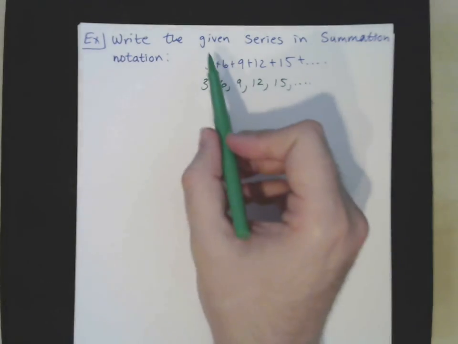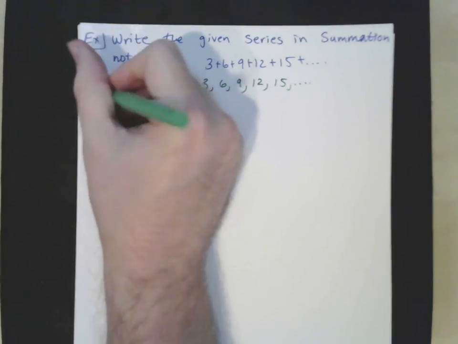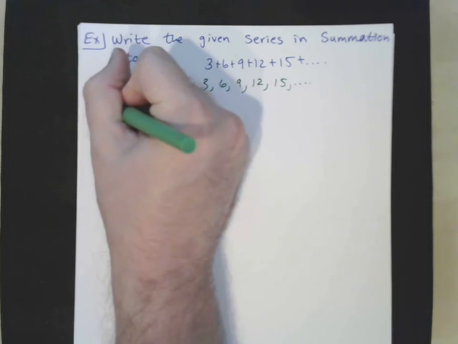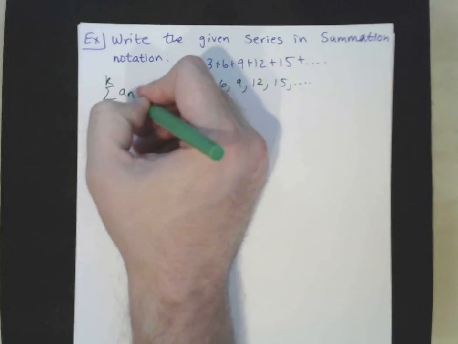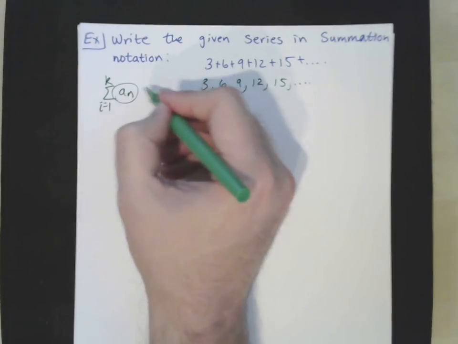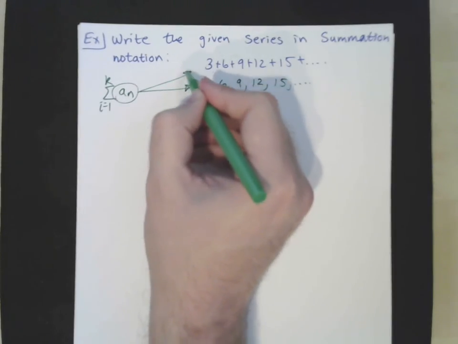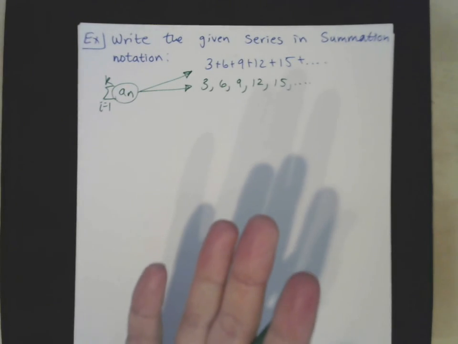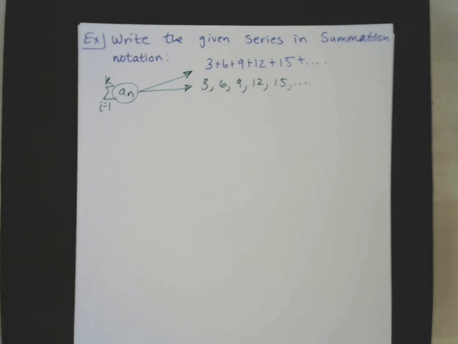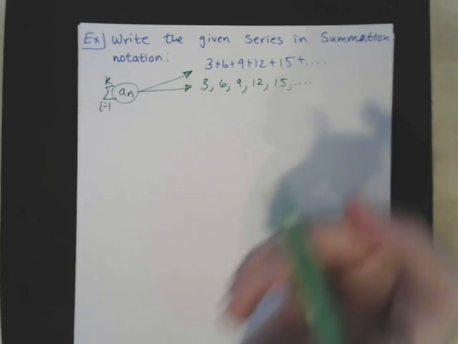So when you're finding summation notation, we want the sum from i equals 1 to k of a sub n. Well, this a sub n is the general term of either the series that we're thinking of as a series, or it's the general term for what we call the associated sequence. So there's no difference between what we did in 14.1 and 14.2 and this.